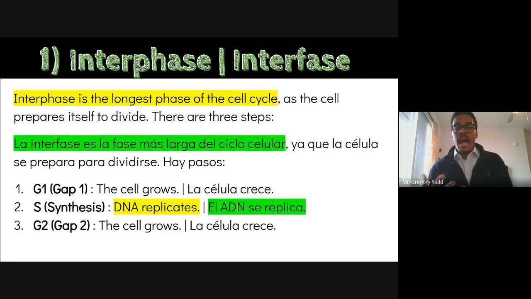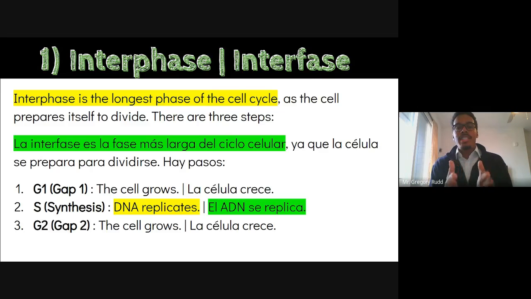The reason for this is pretty obvious when we think about the numbers. So as I said, human beings have 46 chromosomes. In interphase, when the DNA is replicated, we make a copy of the DNA. 46 becomes 92. That way, when the cell is divided, those 92 chromosomes get split up into 2 new cells, and each of the new cells will have the correct number, 46 chromosomes.